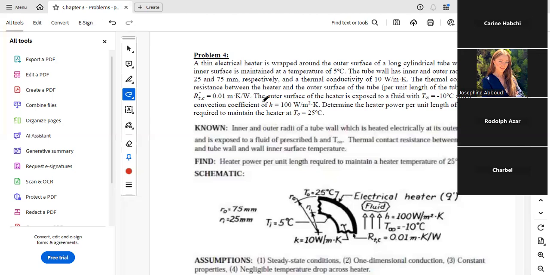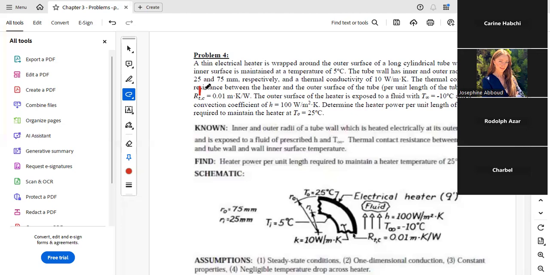And here it's R prime, not R second. Why is it R prime? Because we said the unit of R second is meter square Kelvin per watt, while if the unit is meter Kelvin per watt, this is R prime.